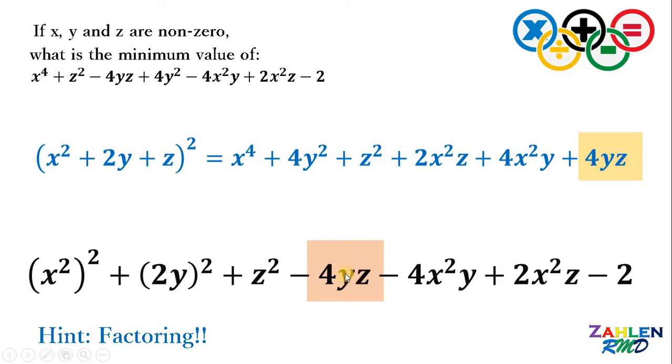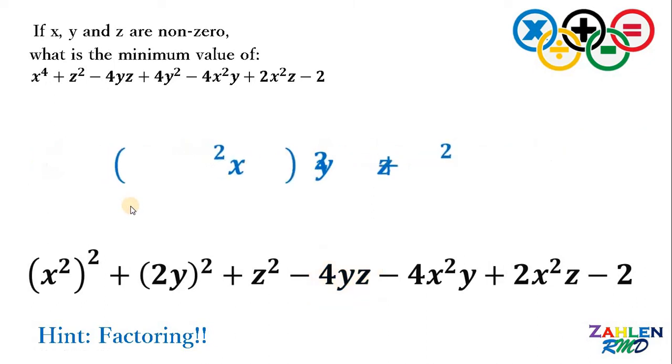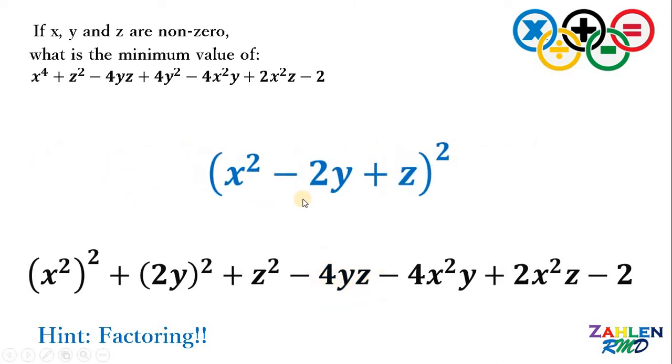And on the bottom part, in our original expression, we have negative 4yz. Now, also take note that those two terms contain a factor of y. Now, this tells us that the sign of 2y is not positive. Maybe this is negative 2y. So, we have x squared minus 2y plus z quantity squared.